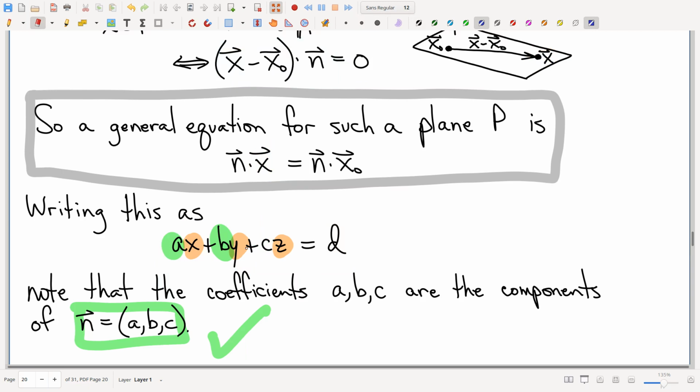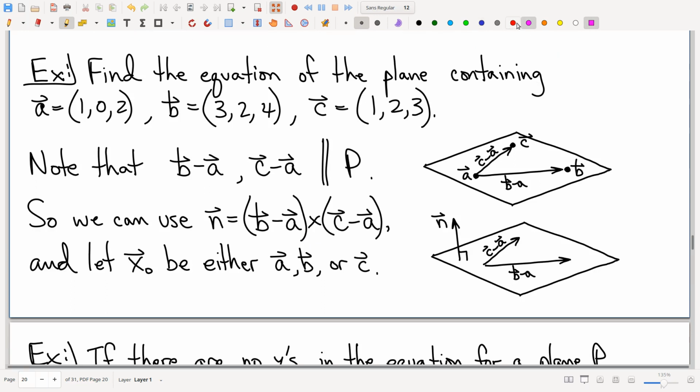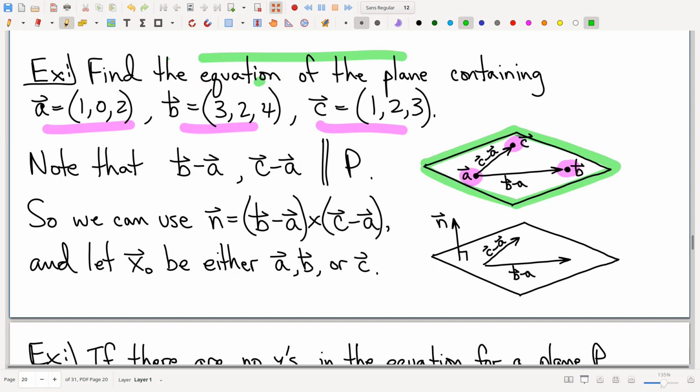Okay. All right, let's see an example of this in action. We are given 3 points, like so. And we want to find the equation of the plane. Here, find the equation of the plane, given those 3 points.